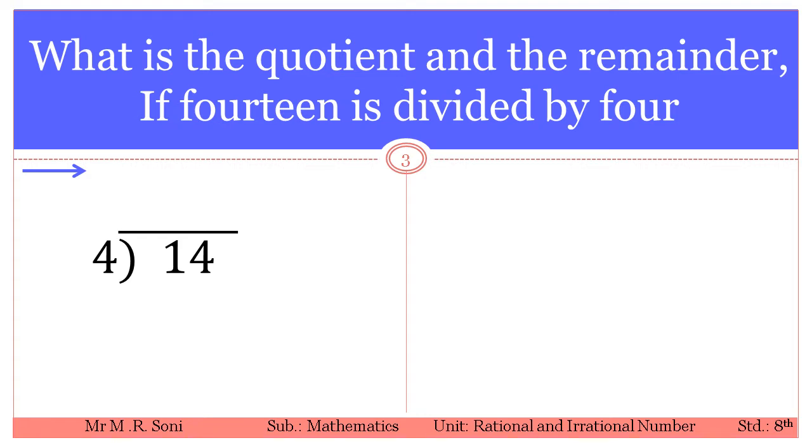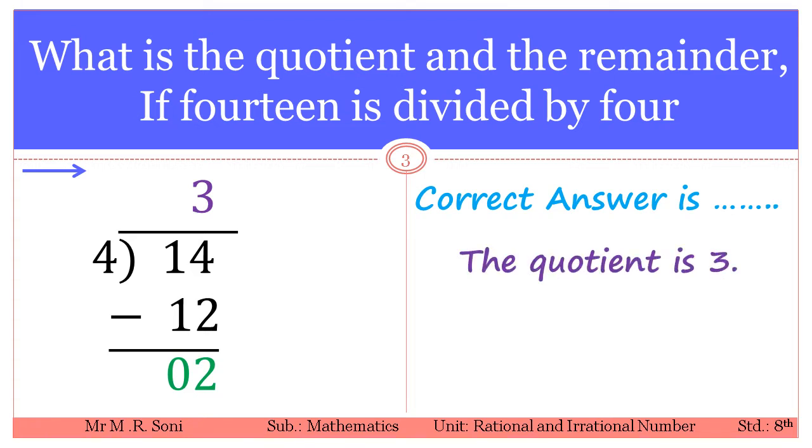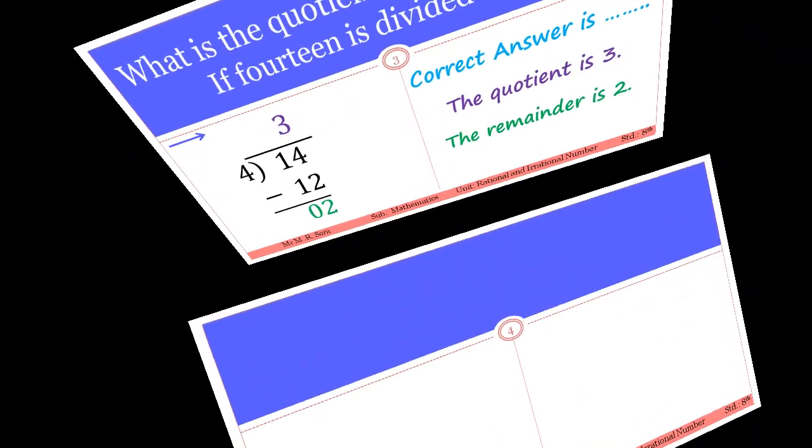Then 4 3s are 12, 3 is the quotient, and 12 will be subtracted from 14. Hence, the remainder is 2. And the correct answer is: the quotient is 3 and the remainder is 2.